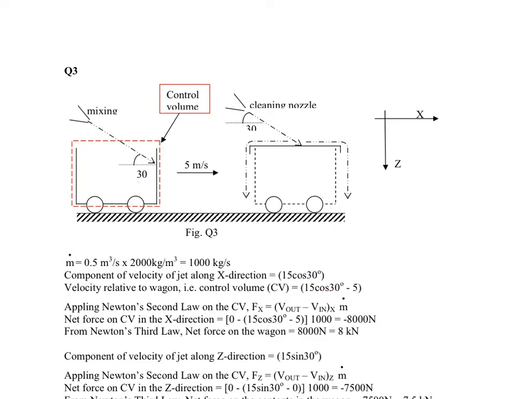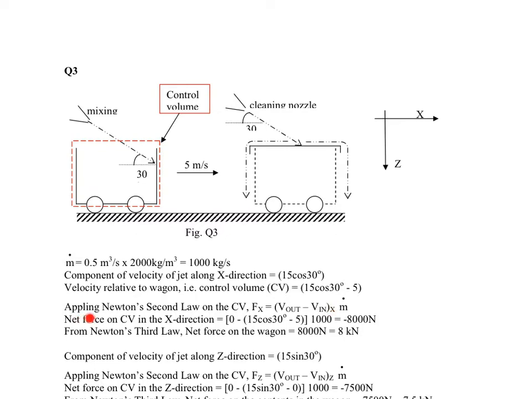Now that's really all that we have to be careful about, because we now apply Newton's second law for momentum onto the control volume. The force Fx is V out minus V in multiplied by the mass flow rate. Now we consider the x direction.